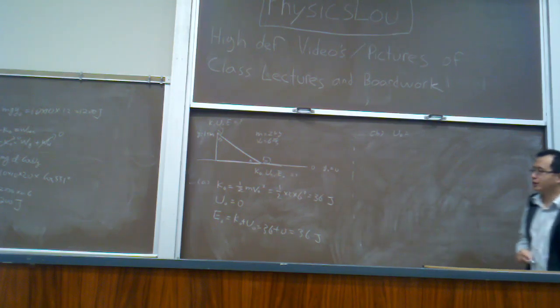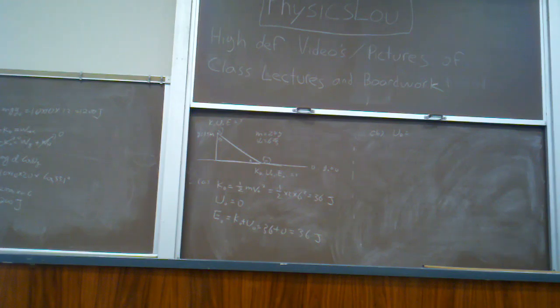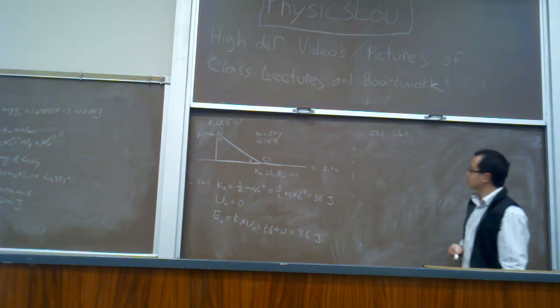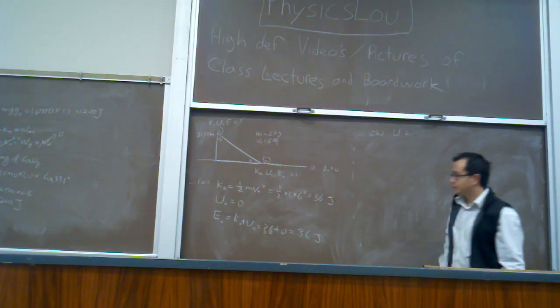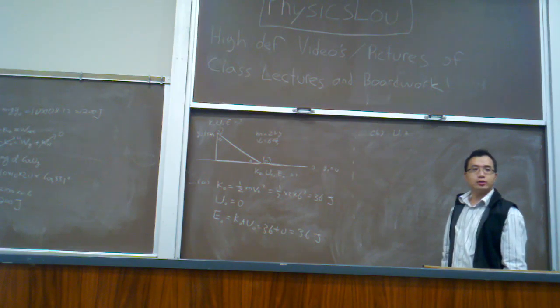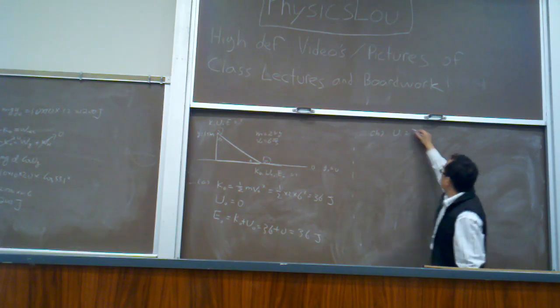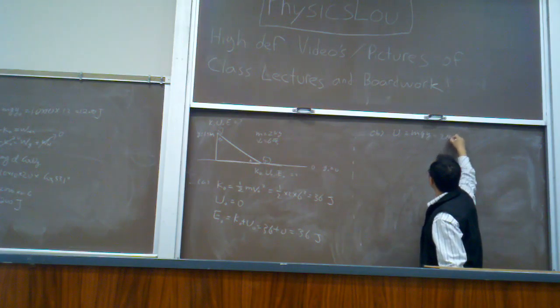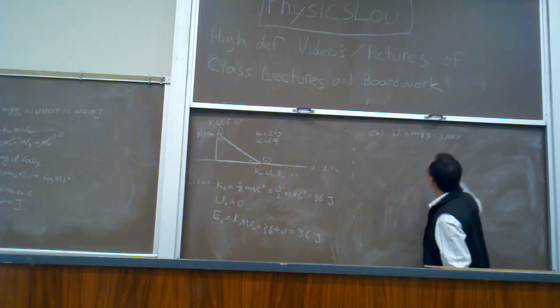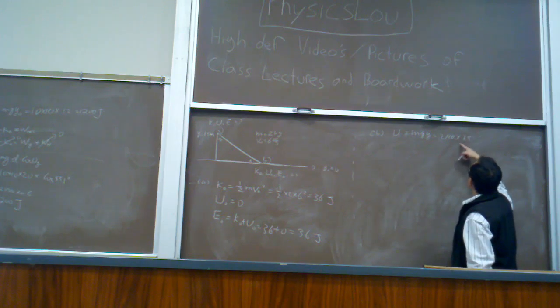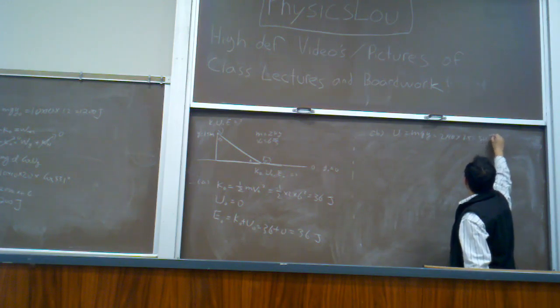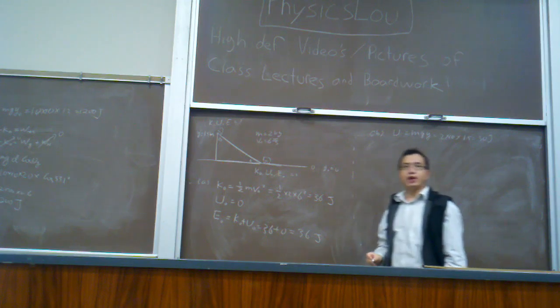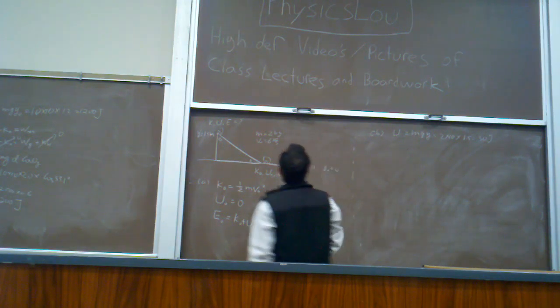Can we calculate it directly from the definition? It's mgy equals 2 times 10 times 1.5, so it's 30 joules. So this is the final potential energy, and you can directly calculate it.